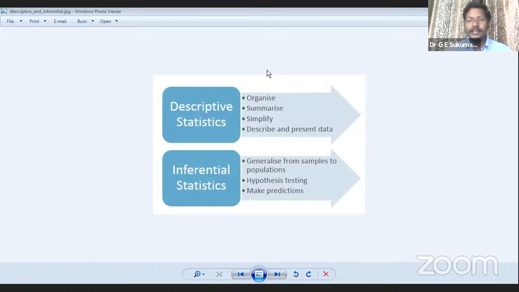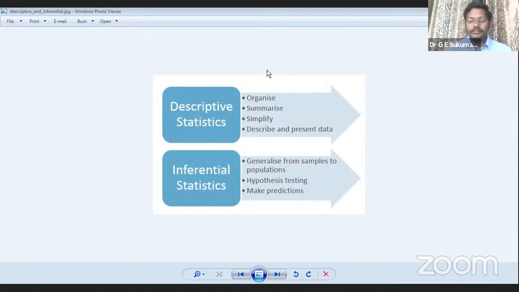If I have 10th grade students, there will be thousands of them. It's not possible to collect data from all the students, so for my convenience I go with an appropriate number which I can handle. That selection from the entire 10th class students is called sampling, and the techniques are called sampling techniques.